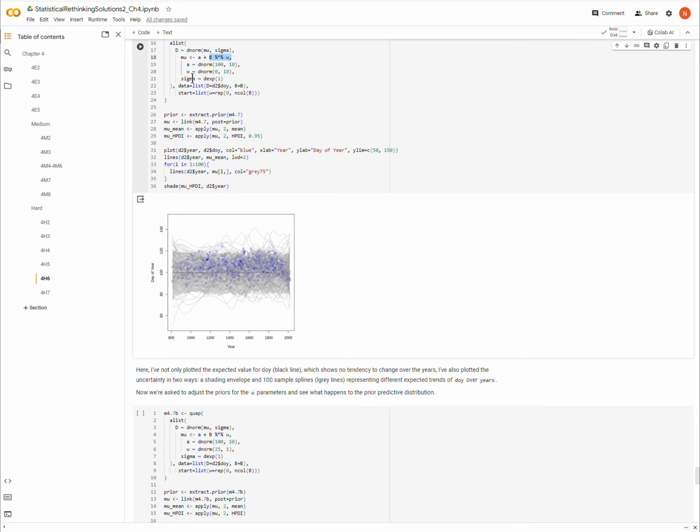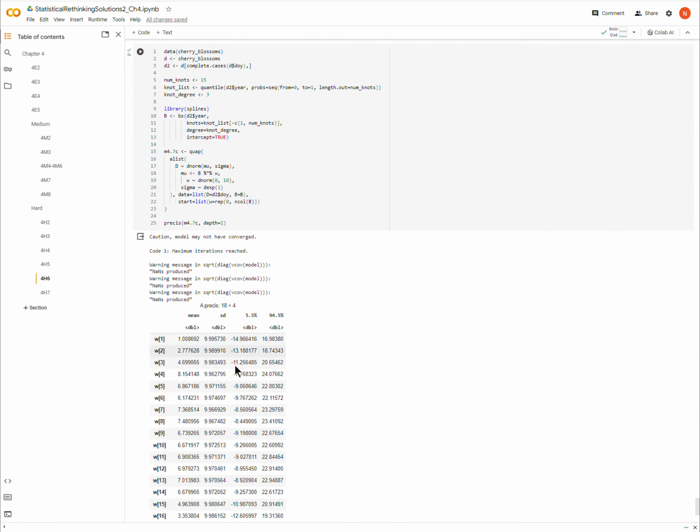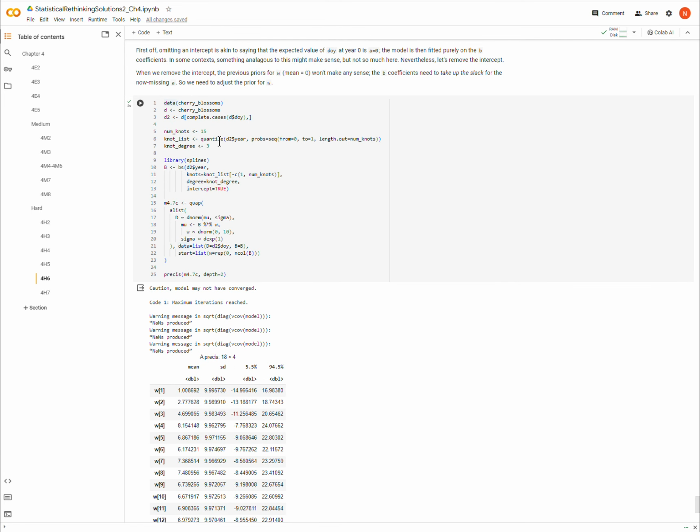But now we don't have that intercept. We don't have anything to push the average value up to 110. All that we have are these basis splines, and we're on average multiplying them by 0. So when all of our w values are 0, making this entire term 0 or close to 0, there's nothing to push our average value up towards the actual average value, which is about 110.